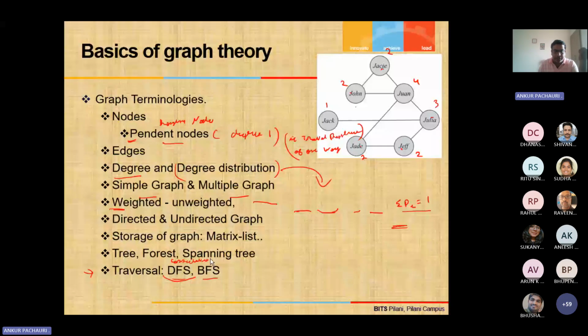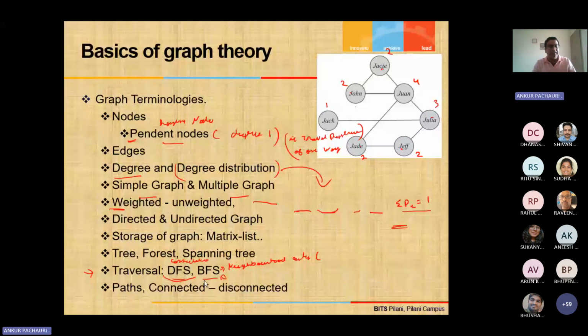But if I'm giving more importance to the neighborhood, neighboring search, k nearest neighbor or something, then the best way of traversal into the graph will be the BFS, because every time I'm bothered about my neighborhood. Then one step ahead, neighbor of a neighbor, then neighbor of a neighbor of a neighbor. So in that case, the BFS traversal will be beneficial.